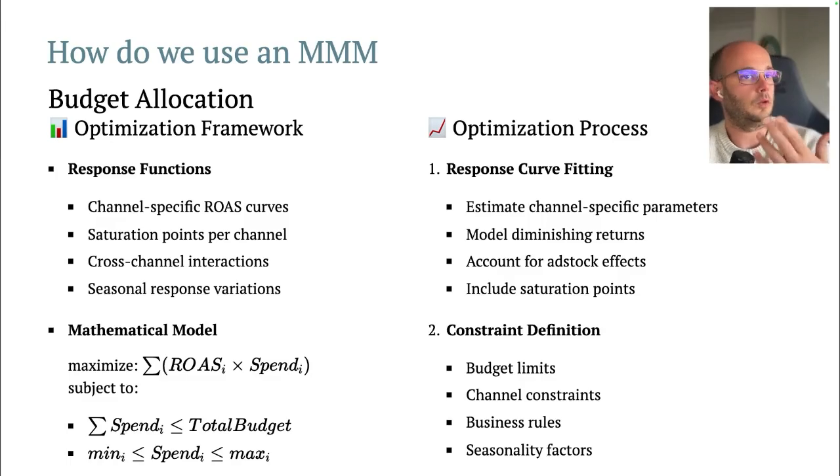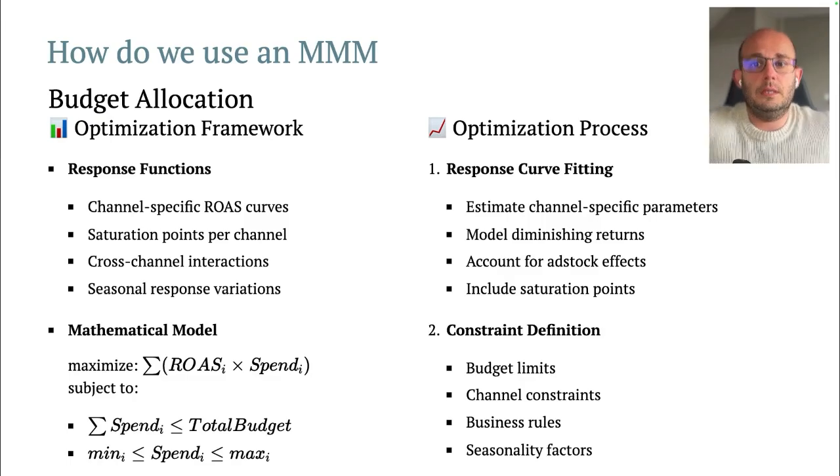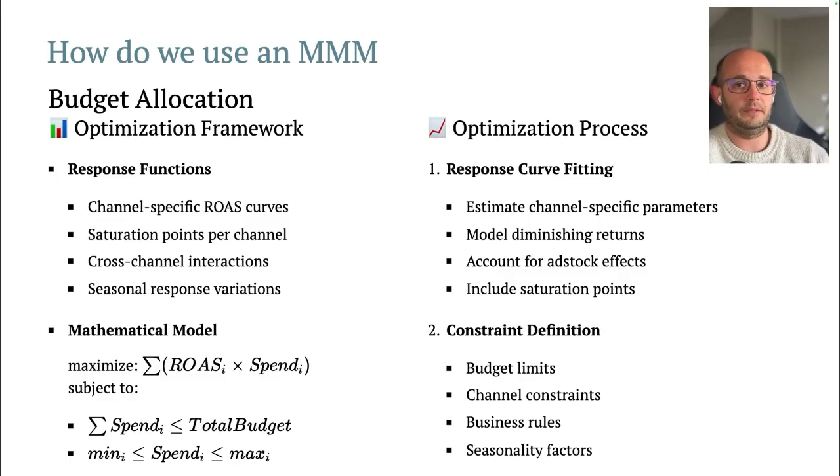And that also with, for instance, seasonal response variations, you then are going to maximize ROAS times spend, subject to the constraint that your total spend per channel needs to be less than or equal to your total budget. And you can also enforce a constraint that your spend per channel needs to be between a minimum and a maximum. But basically, this is linear programming.